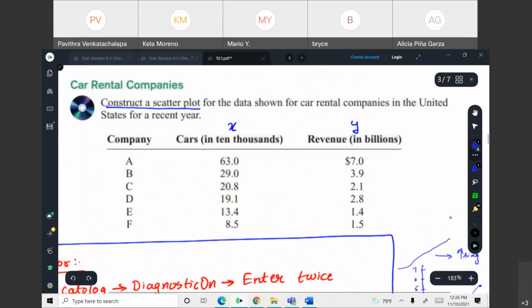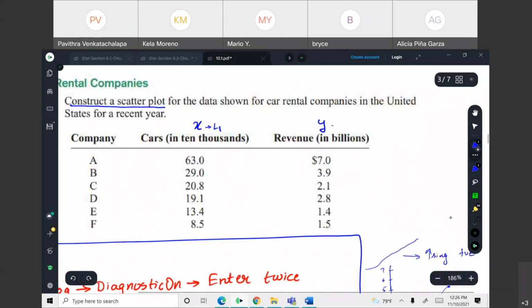Okay. And this is the question. You have to enter this as L1, this is L2. Done?